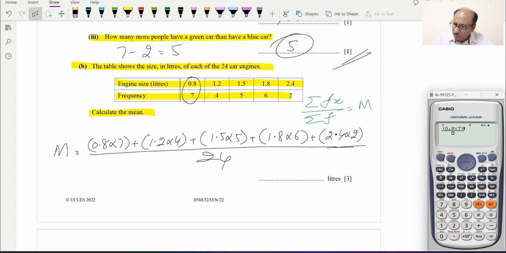The bracket closed and divided by 24 results in 67 over 48.